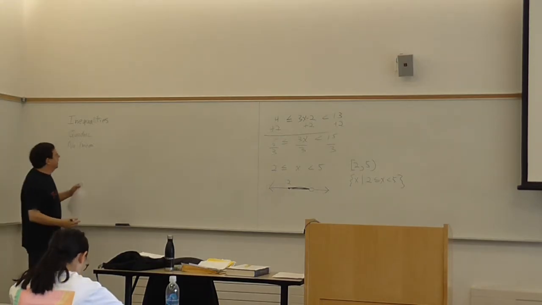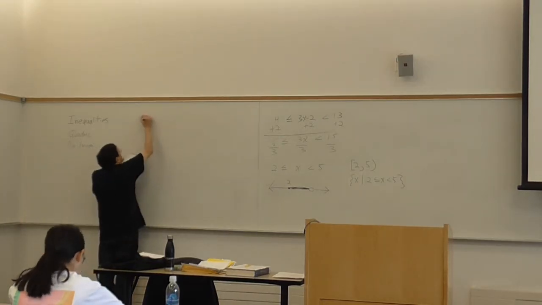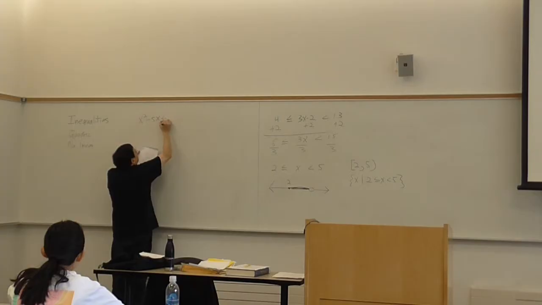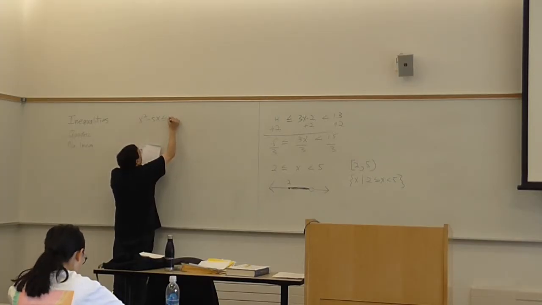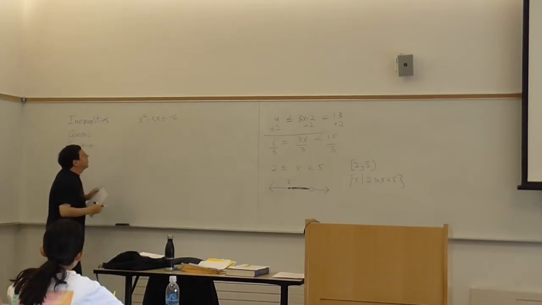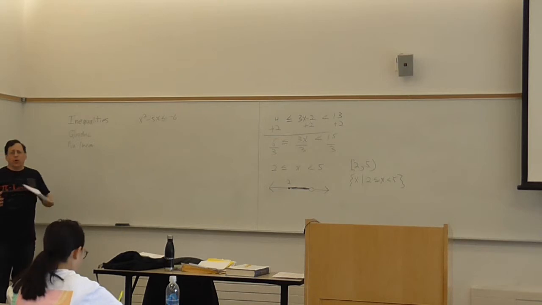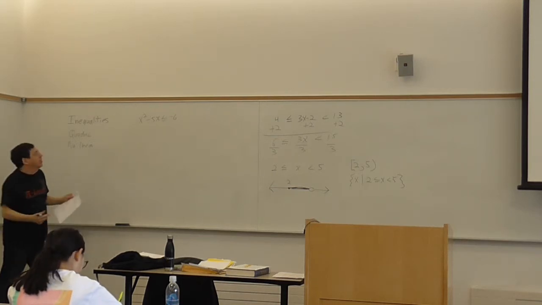Well, let's take a look at an example. x squared minus 5x less than or equal to minus 6. So the first steps we want to do are the same steps as if this was an equality. Right?